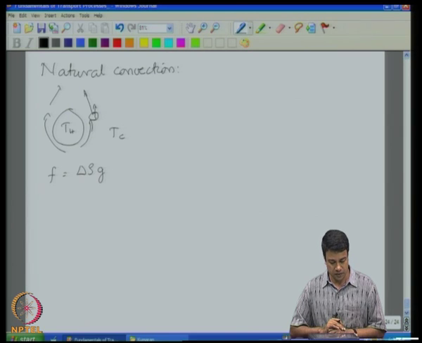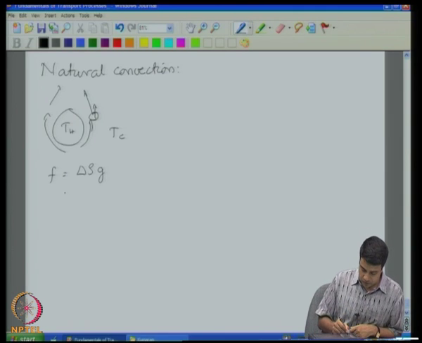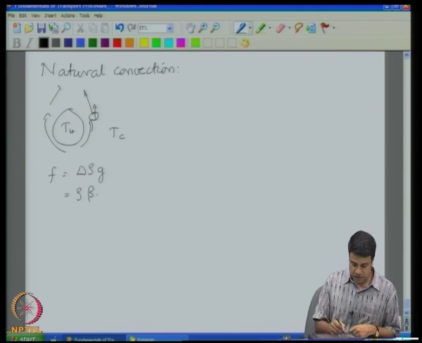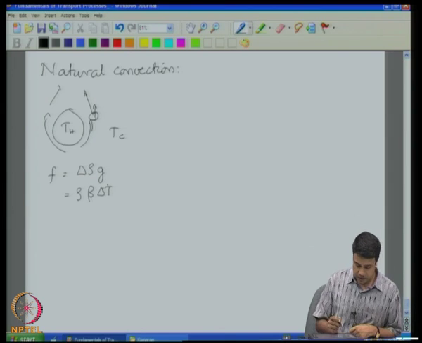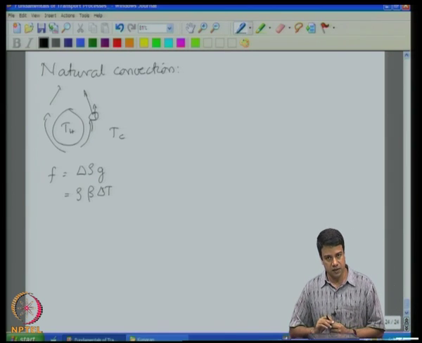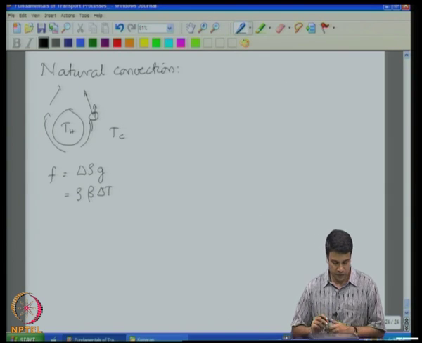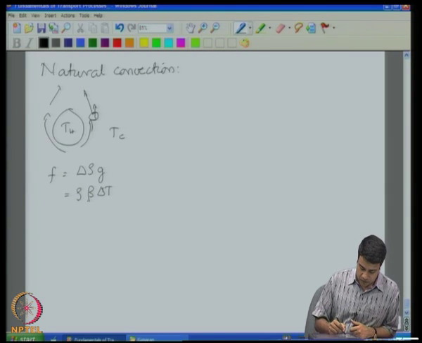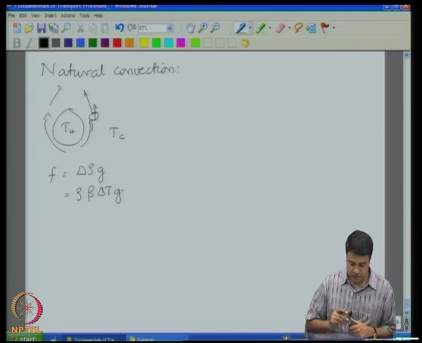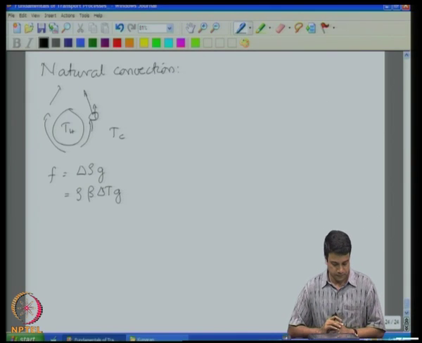It is equal to the density times the coefficient of expansion times delta T, where beta is equal to the change in density due to unit change in temperature. Beta is the coefficient of thermal expansion. So, the force is equal to rho beta delta T times the gravitational acceleration.